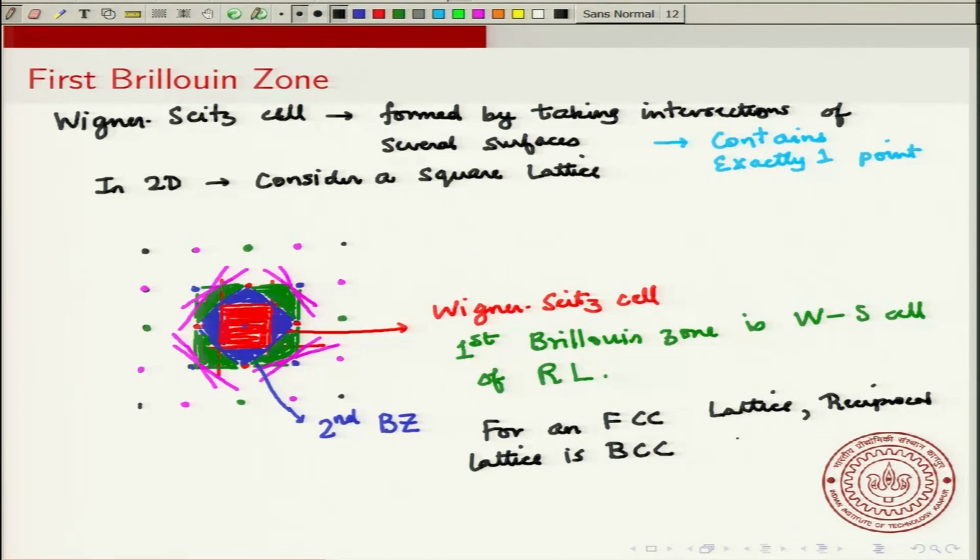So, the reciprocal lattice of FCC is BCC, and for a BCC the Wigner Seitz cell actually becomes quite complicated. So, the Wigner Seitz cell for BCC is not a simple cube, it is in fact a truncated octahedron.